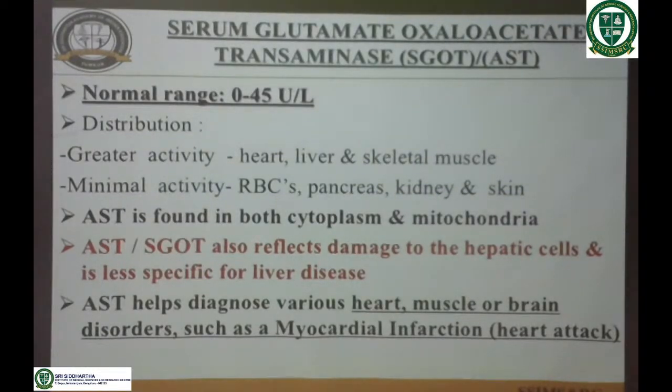It is very specific to the liver, specific only for liver disorders. But AST is not specific for liver disorders. Along with liver disorders, AST also helps in the diagnosis of heart, muscle or even brain disorders.